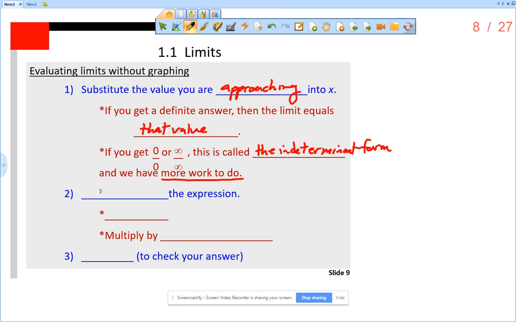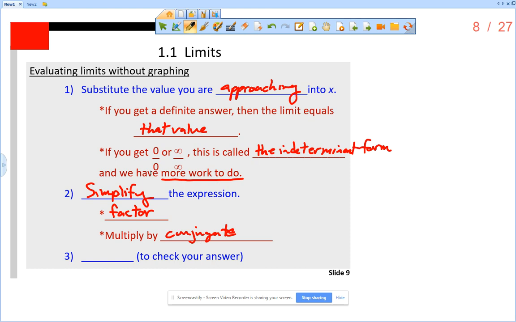So step 2, right? If we got the indeterminate form, then we are going to simplify the expression by one of two means. Number one, we're going to factor the expression, or we're going to multiply by the conjugate. Now, you'll recall these methods that we used.